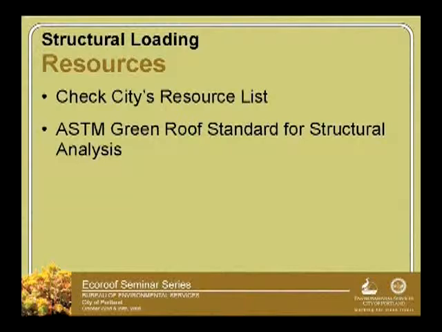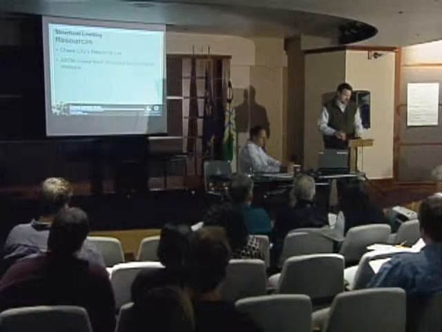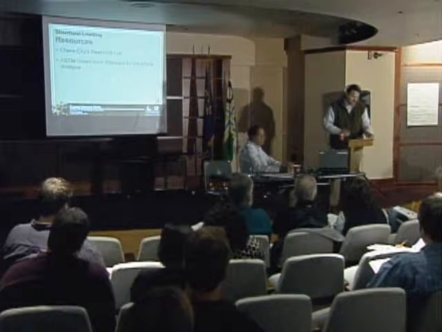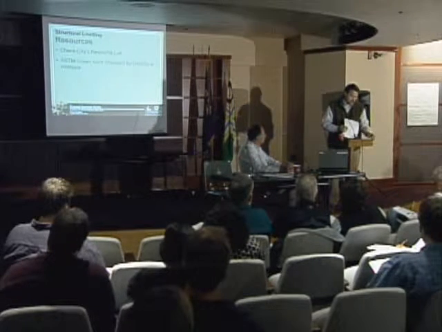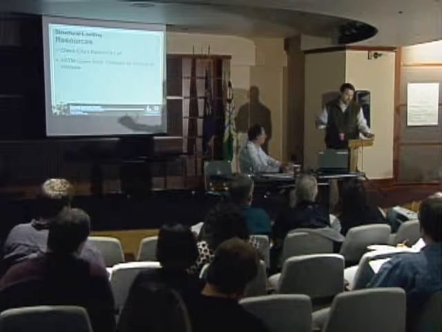And then I wanted to point out that, of course, our resource list is there, and the other thing was I brought along these. For those of you who are interested, it's not terribly exciting reading, but ASTM, American Society for Testing and Materials, has come out with a standard practice for determining dead loads and live loads associated with green roof systems.